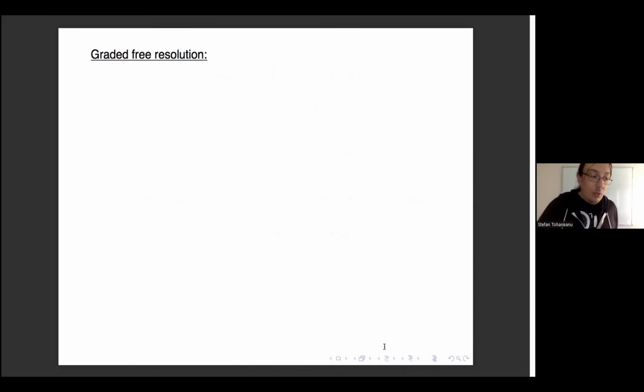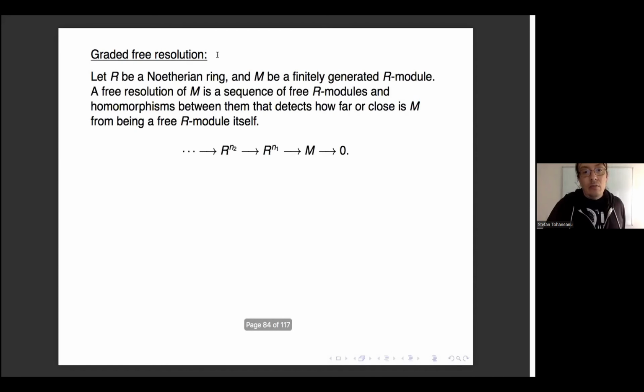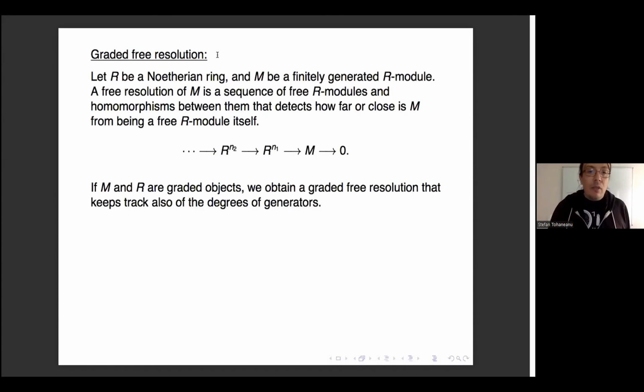Now, we also have an important result that tells us about the graded free resolution of these ideals. Basically, in this paragraph I explain what a free resolution is. We want to see how far a finitely generated R-module is from being free, and one way is to have a free resolution.